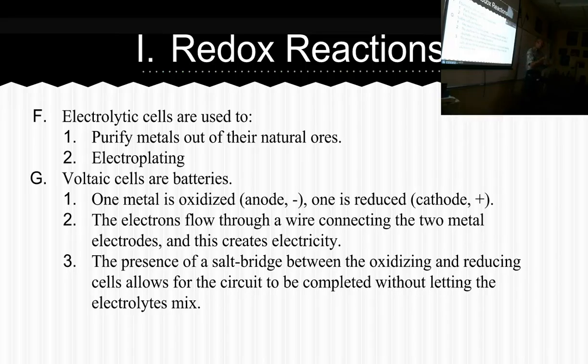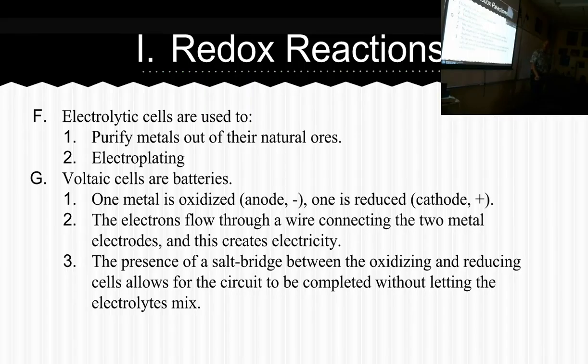But the electrolytes have to complete the circuit. We've got to still allow them to communicate their ions, and so they make this thing called a salt bridge that allows ions to flow through the salt bridge without allowing the actual liquids to mix. And so a salt bridge is just a way of controlling the electron flow even more and getting all of the possible benefit out of the electrochemical reaction that's happening.